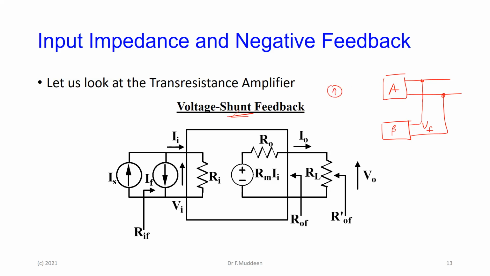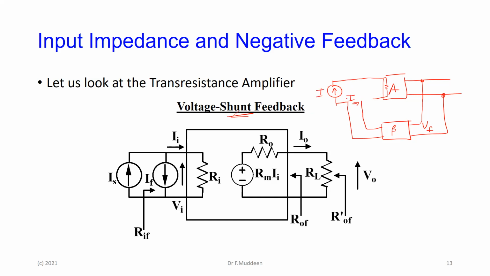So the trans-resistance amplifier is a current source supplying the input impedance here. If I have to feed back current, negative feedback in here, it means that the feedback current has to go in parallel with the source current here. So I have to send the current back in such a way that it is basically opposing. This is current now, not voltage.